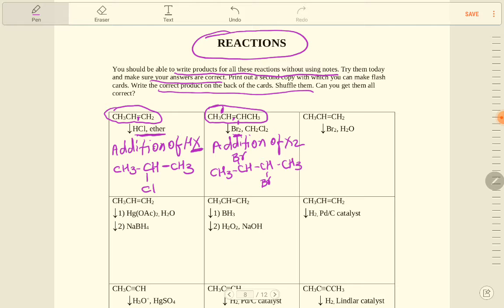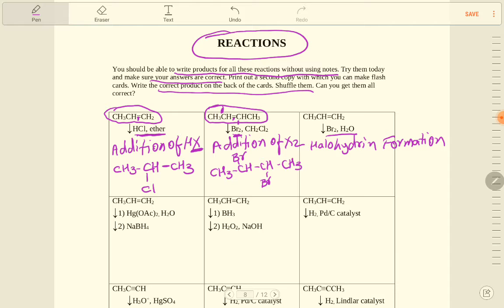Now let's see here, same thing. It's Br2 and H2O. So that is halohydrin formation. What will be the product?